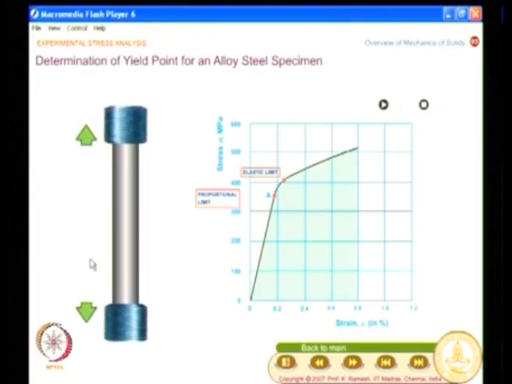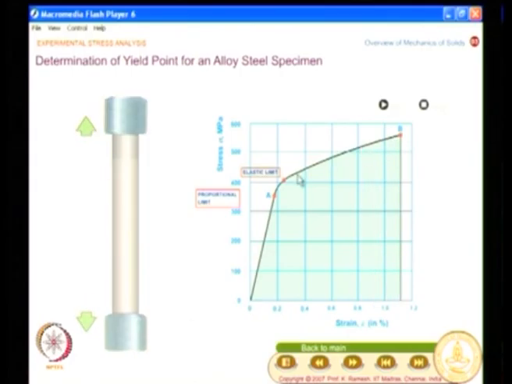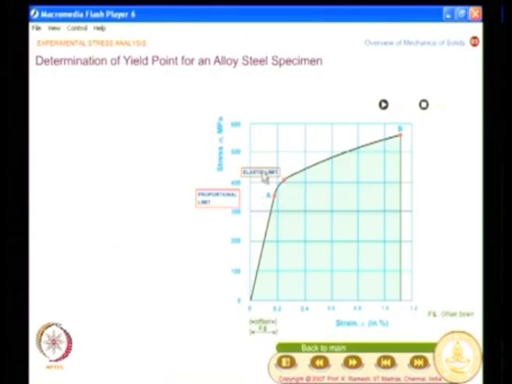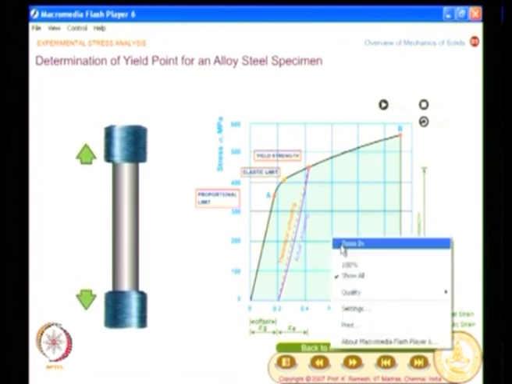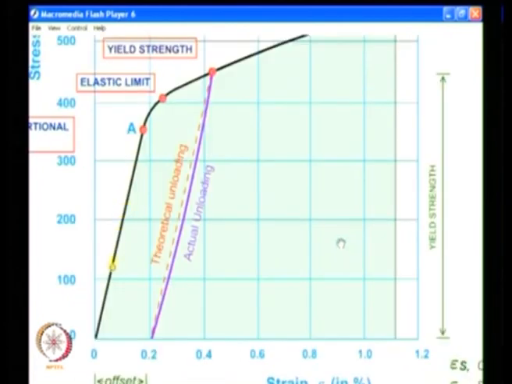I have an alloy steel which is pulled here, and I have the stress strain data, and this is what I have. I do not see very clearly the demarcation of going from elastic to plastic. It is very smooth. What is usually done is, you draw an offset at 0.2%, and 0.2% corresponds to 2000 microstrain. And what you have here is, I have this as the proportional limit, and this as the elastic limit, and you have the yield strength.